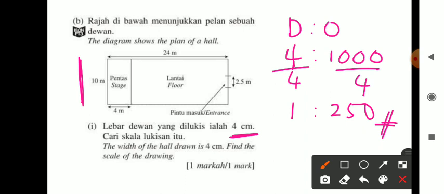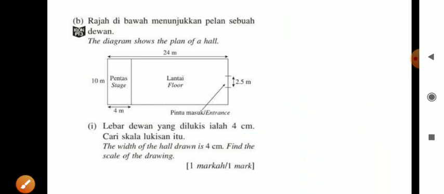Actually it is 2.5, but you don't have 2.5 meter punya paper, so you change it to 1 cm. This is scale drawing, but you have to change it correctly. Kalau tidak the height and the length tidak sama. Okay? Easy. Next.